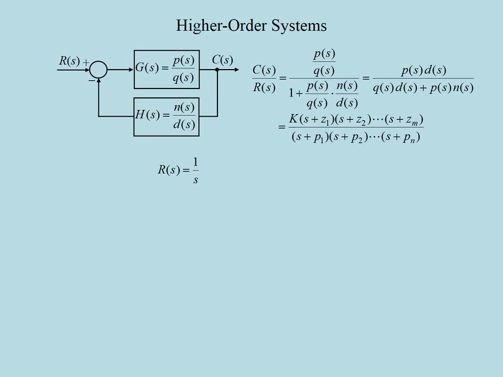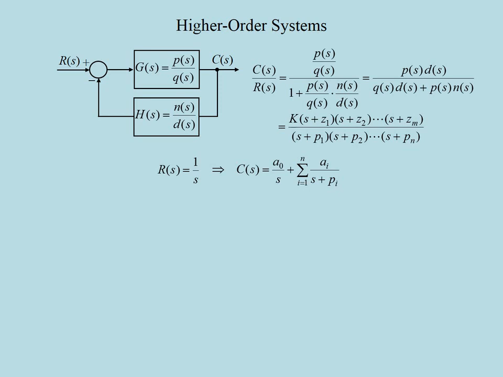Now, if the input is a unit step function, we can write the Laplace transform of the output as a partial fraction expansion, and the A parameters in this expansion can be obtained by the residue theorem.